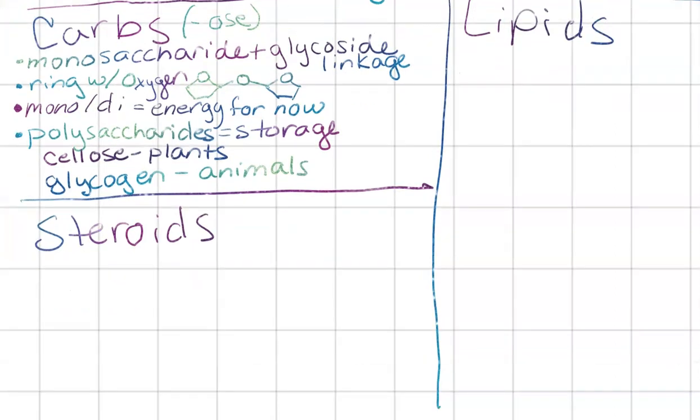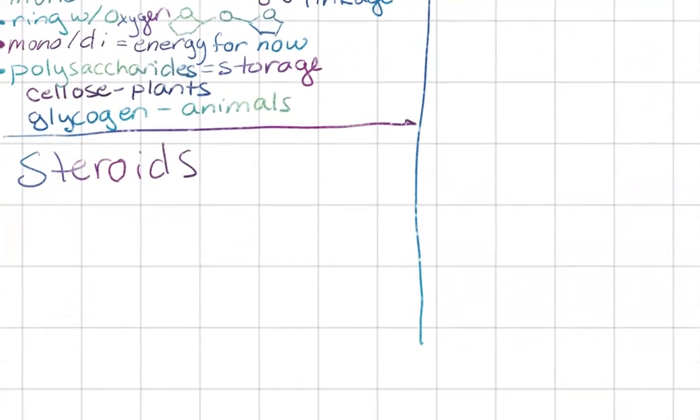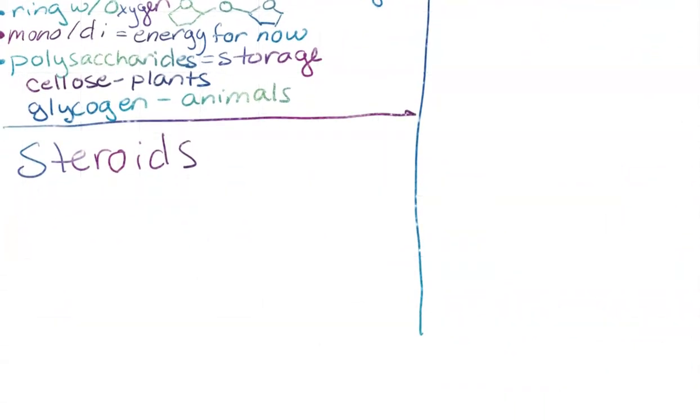All right, let's talk about steroids. Steroids aren't just what bodybuilders use, but I guess they are part of that. Most of the time, the words for steroids have STR or STER somewhere in them. It's not a hard and fast rule like with carbs, where it's always -ose, or with enzymes, where it's always -ase.